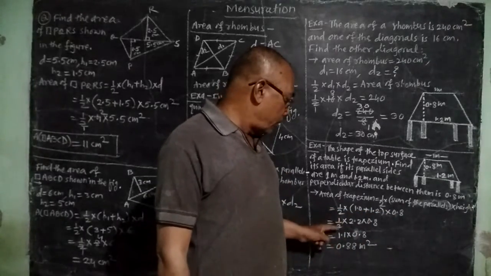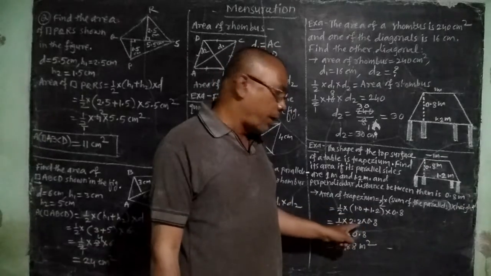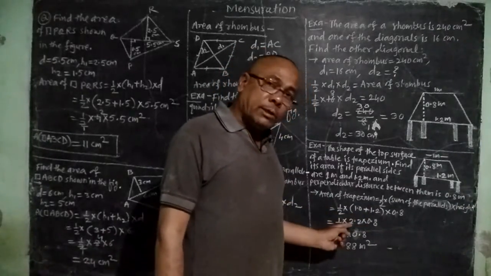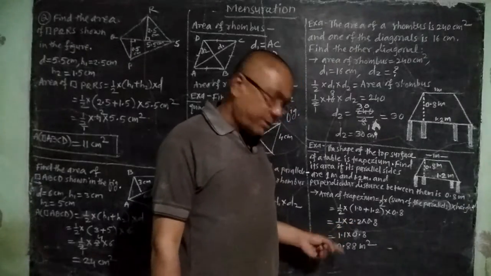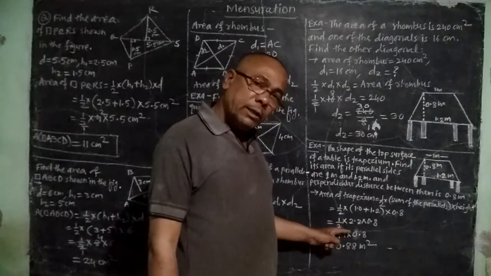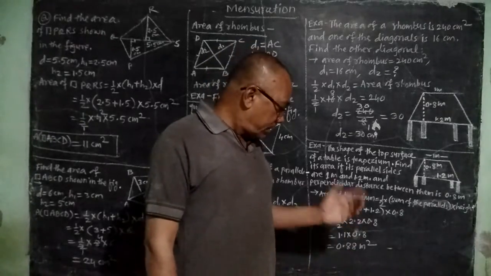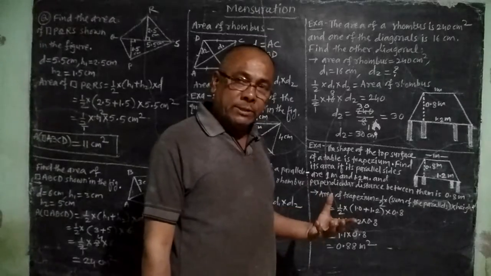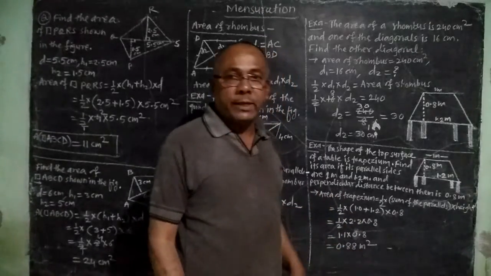Here 1.0 plus 1.2 will be 2.2, into 0.8. After dividing 2.2 by 2, we get 1.1 into 0.8. We get the area of the trapezium, means the surface of the table, 0.88 meter square.